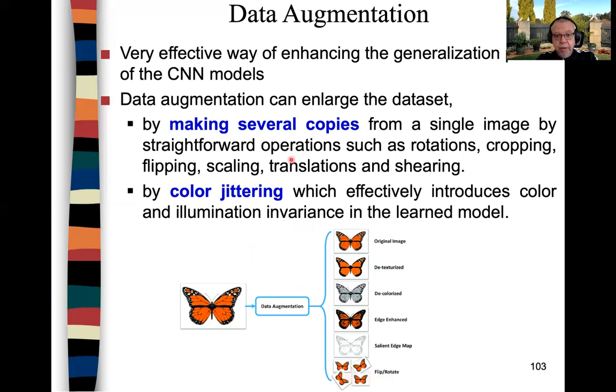You can scale it, shear it, and have other operations as well. Also color jittering, where you add a little bit of noise. In that case, instead of just having one pair, the image and the class butterfly, you will have all this set which corresponds to your label butterfly. So you have a much richer labeled data set. You augmented your data.